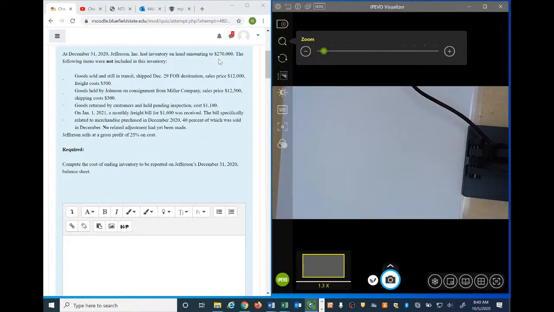None of these items were included in it right now. So now we want to go step by step and determine if these items are going to be in here. Goods sold and still in transit, shipped December 29th, FOB destination, sales price $12,000, freight cost $500. What should we do with this first item right here?